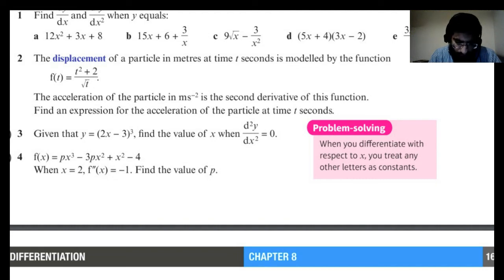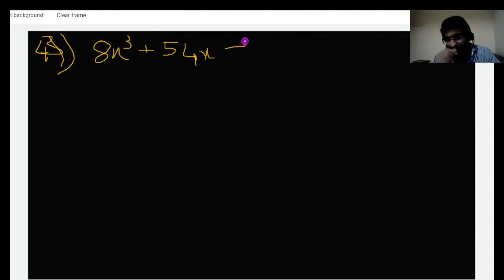Plus 54x. And so then this should mean that this is minus 3 a square. So 3 into 2 is 6, 6 into 3 is 18. So minus 18x square, right?